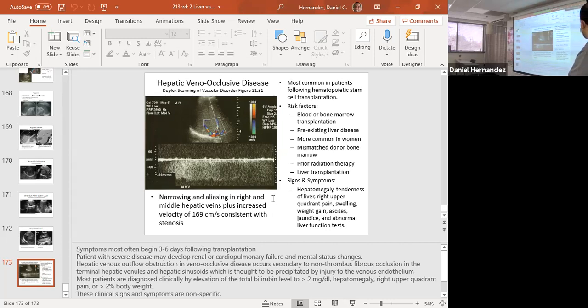Signs and symptoms include hepatomegaly, tenderness of the liver, right upper quadrant pain, swelling, weight gain, ascites, jaundice, as well as abnormal liver function tests.